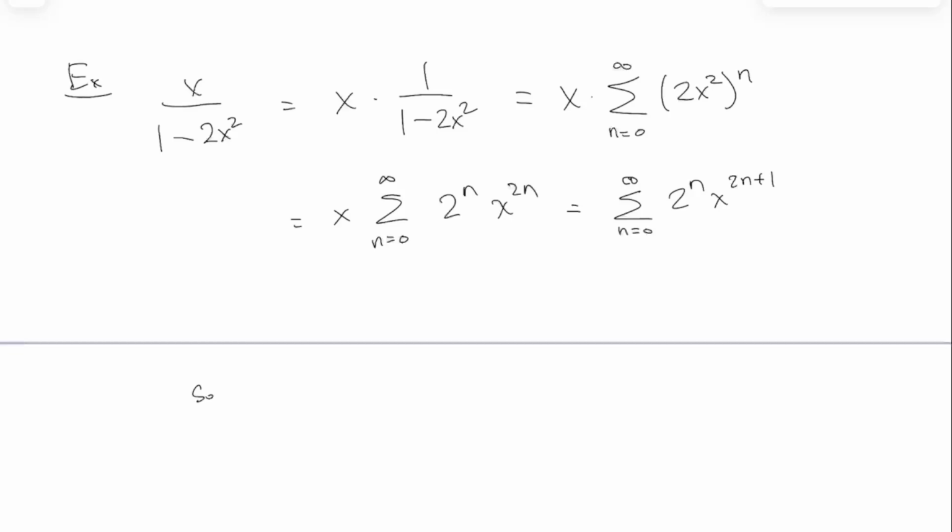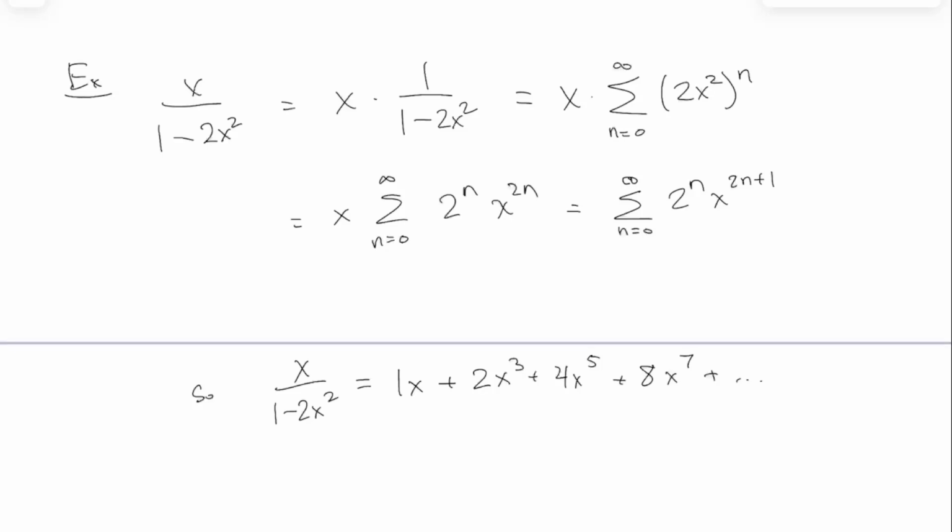So it means 1 times x to the 1 plus 2x cubed plus 4x to the 5. These are odd powers of x with the powers of 2 as coefficients. The next one would be 8x to the 7. Very strange, but it is true.